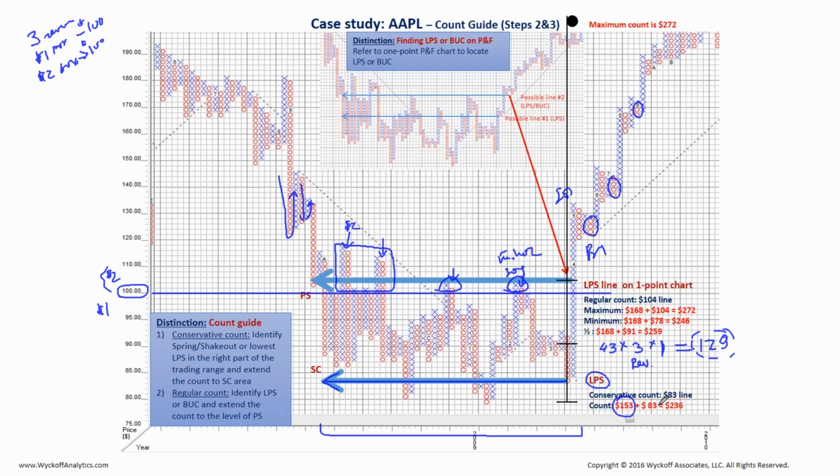But there's another hack that you can do, which is in stockcharts.com, which is my favorite point and figure charting engine. You can actually change the scaling so that you're always doing, say in this example, everything is $1 scaling. You could convert the chart to a $1 box size for everything, including over 100, and get a pretty good count.